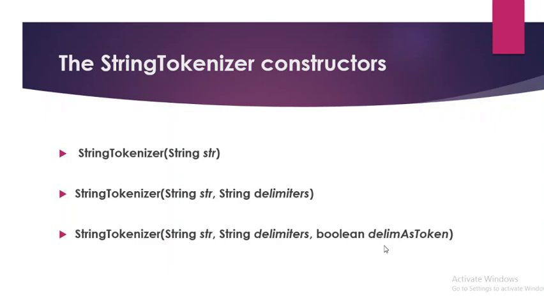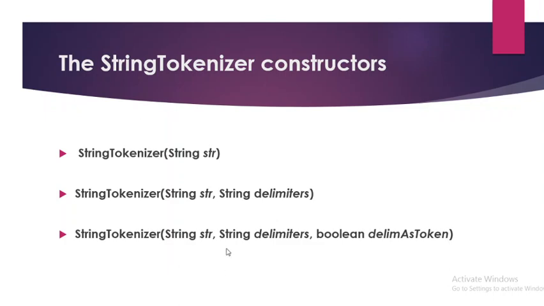And the third parameter is of type boolean, delim as token. It means that by using the third argument we specify whether the delimiter characters we are using here are again to be considered as separate tokens or not.